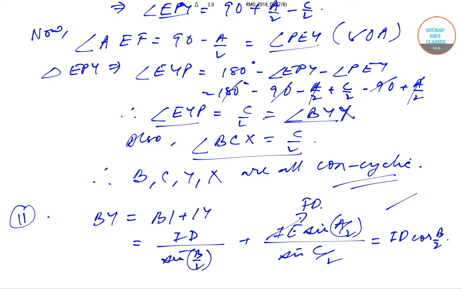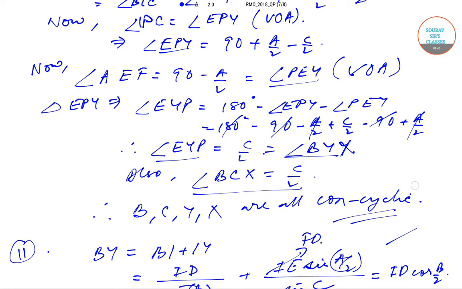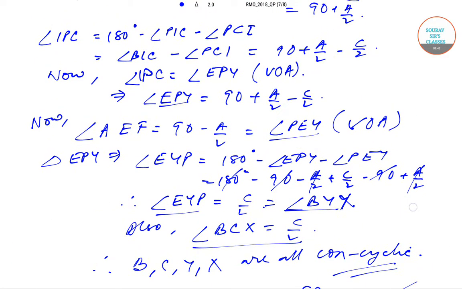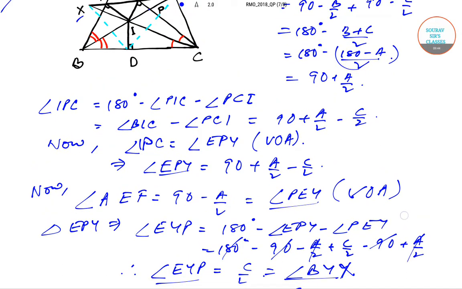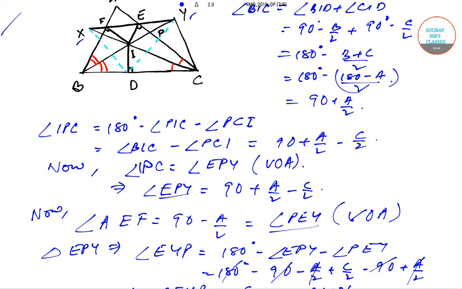So if we go back to the triangle, we have got over here that BY is equal to ID cos of B by 2. So this is B by 2, and we have ID over here, and then we have BY over here.